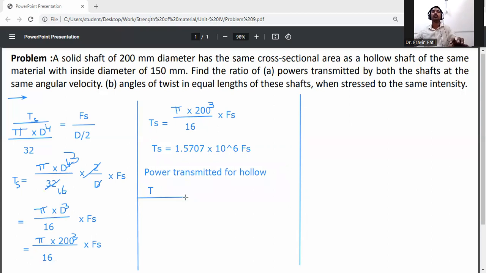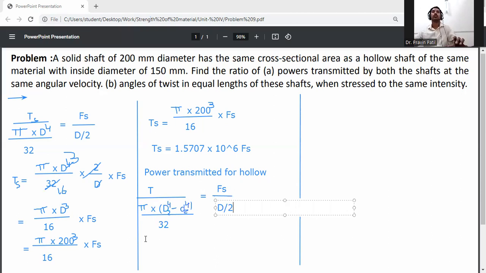We know that it is pi into capital D raised to 4, that is D2, minus small d raised to 4, divided by 32, is equal to Fs divided by R, where R is D by 2.